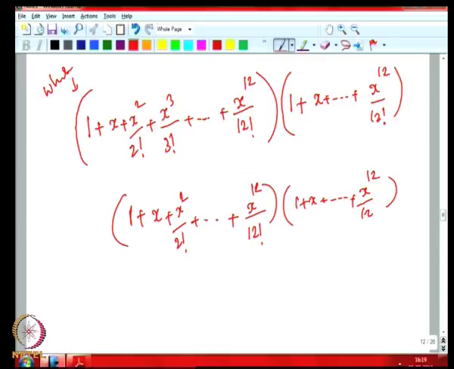So this x raised to 12 should be formed by selecting some x raised to k1 by k1 factorial from the first term, which means that we are going to select k1 white flags.